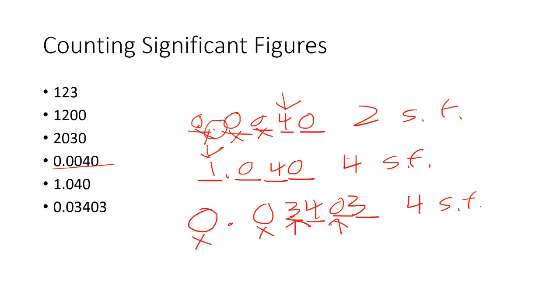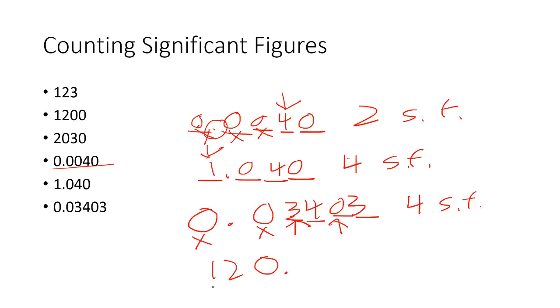Every number to the right of that non-zero significant figure is significant. Every zero to the left of that is not. So hopefully that will be a shorter set of rules that will help with being able to count significant figures and how to figure out whether your zeros count or not. And then finally, just as a reminder, let's say we have something like 120 with a decimal point. Here there is a decimal place.